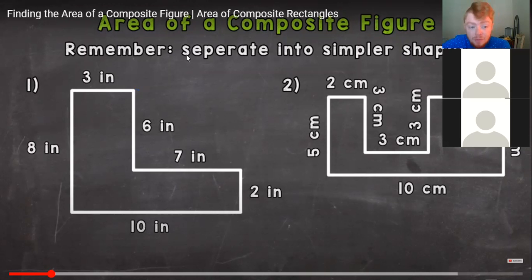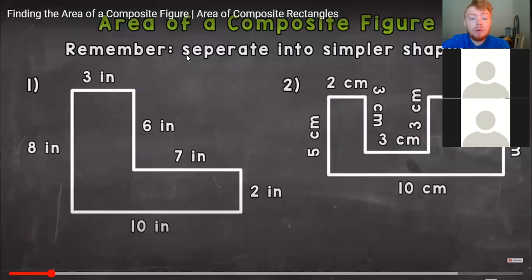Okay. So, hold on, let me move my screen a little. All right. So we're going to divide this complex shape into 3 smaller squares and rectangles that we can actually measure, okay? So to do that, we need to divide it.